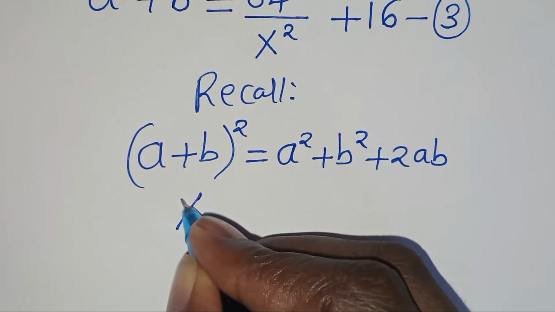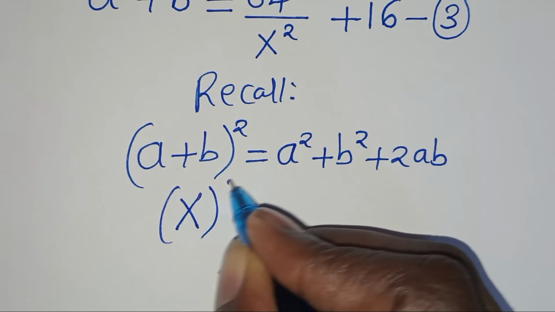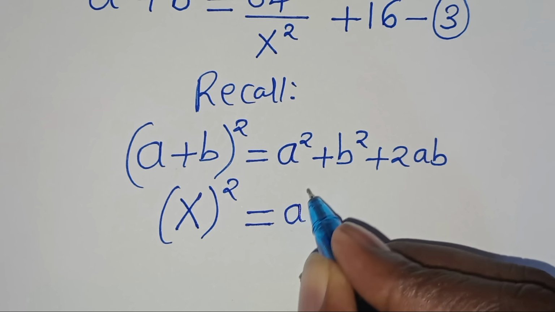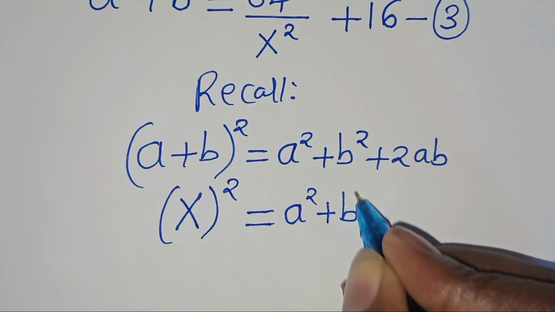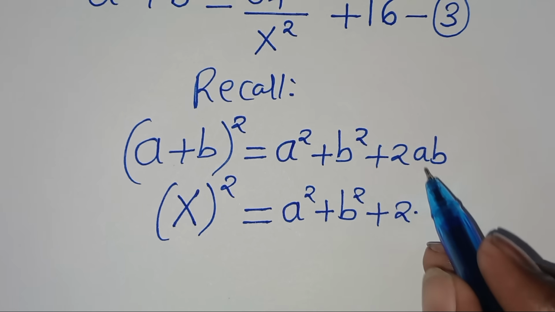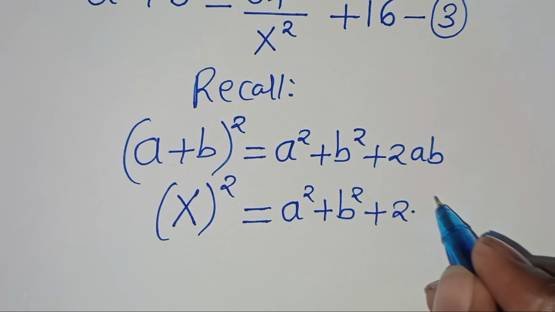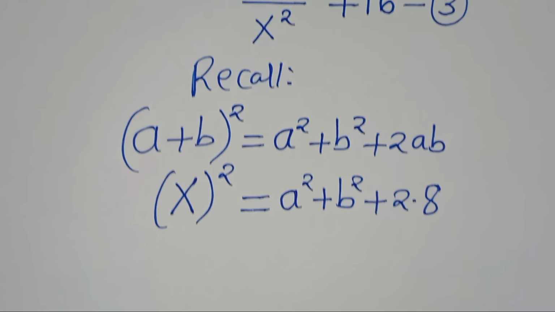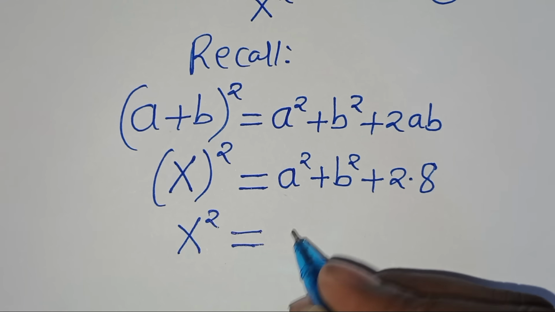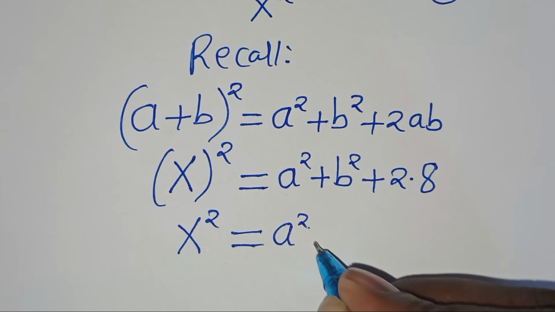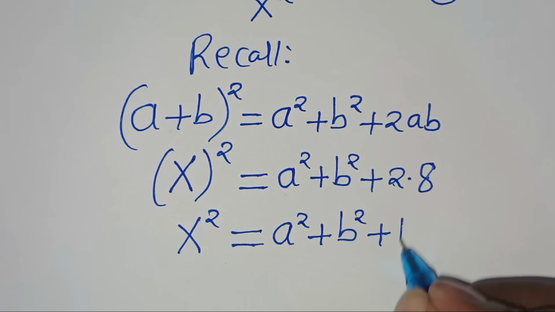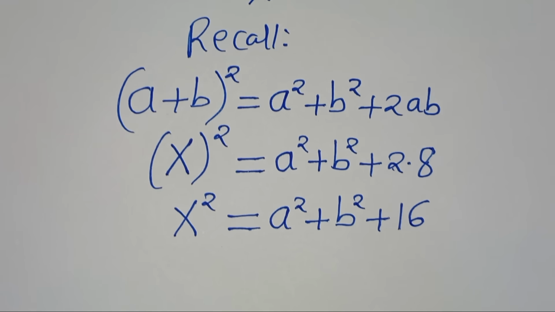So this is x raised to the power of 2. This is equal to a squared plus b squared plus 2 multiplied by a times b. A times b is from equation 2, which is the same thing as 8. So we have x squared equal to a squared plus b squared, then plus 8 times 2, which is 16.